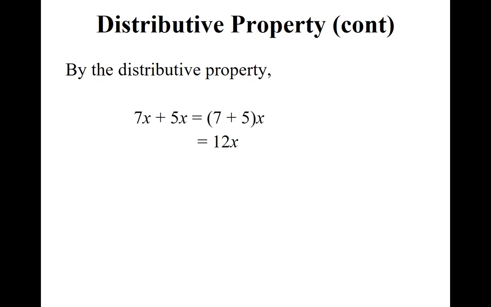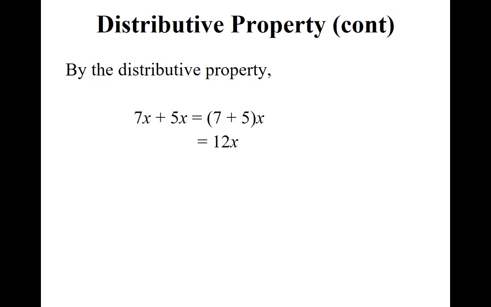It says that 7x plus 5x would be 7 plus 5 times x. And we know 7 plus 5 is 12. So 12 times x, 12x. That's how we know that 7x plus 5x is 12x. The distributive property is working in the background.